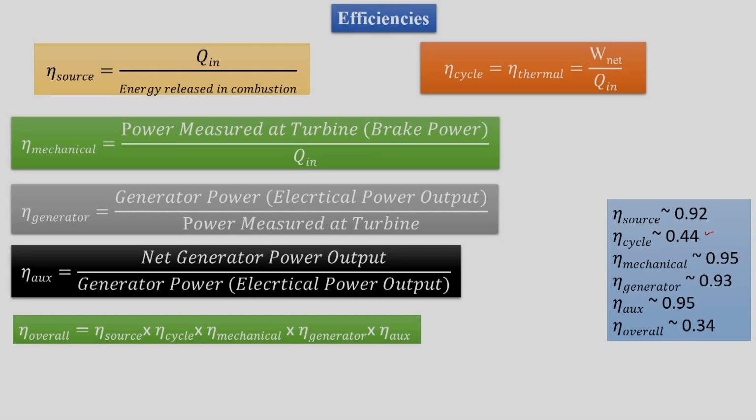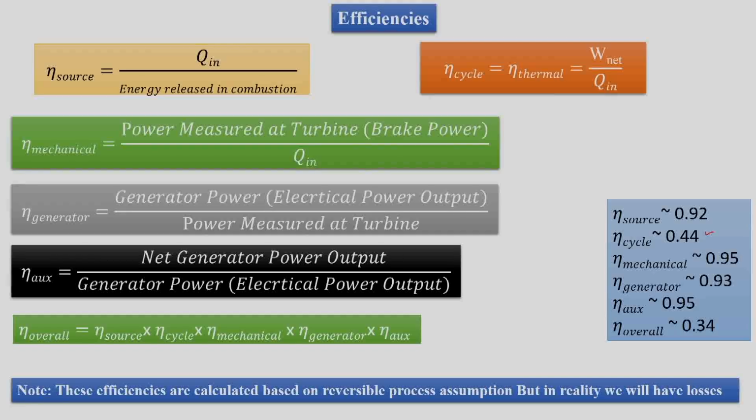So this is all the discussion about efficiencies of the thermal power plant. Here these efficiencies are calculated under the assumption that the processes like 1 to 2, which is the pumping process, heat addition, isentropic expansion or heat rejection, are all ideal. So based on these we have found out efficiencies, and these turn out to be the performance parameters of the steam turbine.